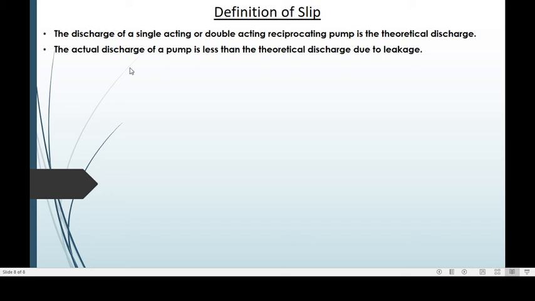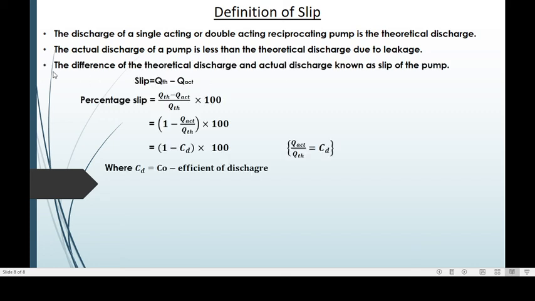Due to leakage. Next, the difference between the theoretical discharge and the actual discharge is the slip. So what is slip? Slip is the difference between the theoretical discharge and the actual discharge.